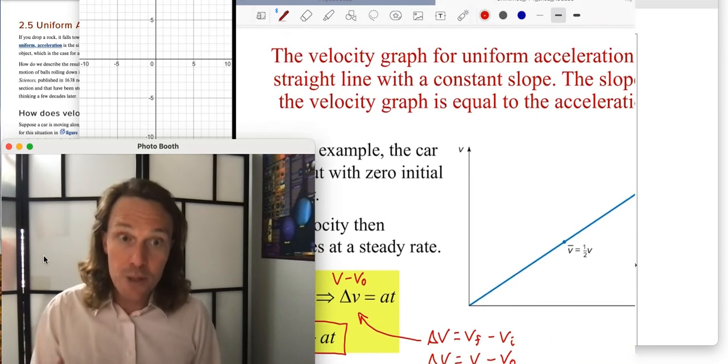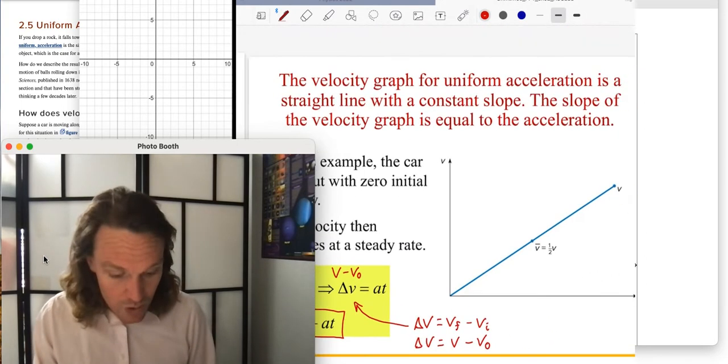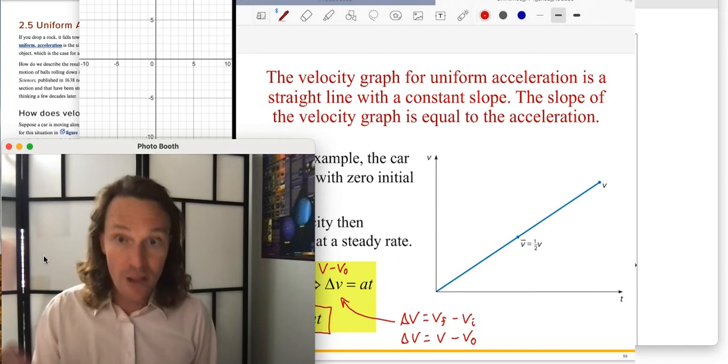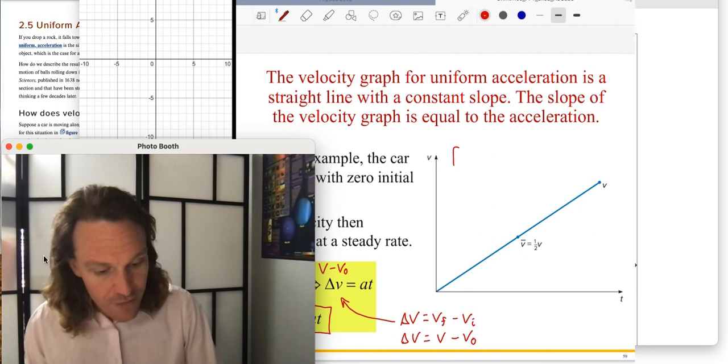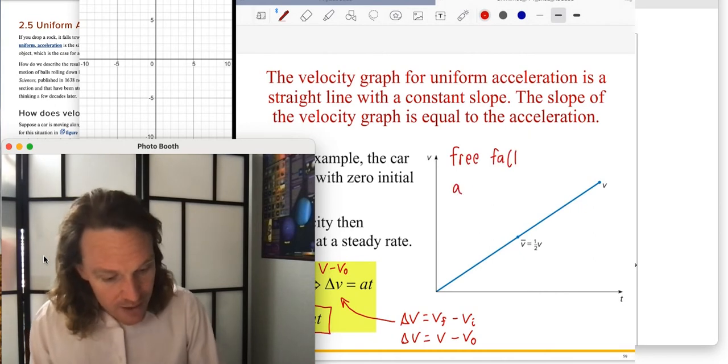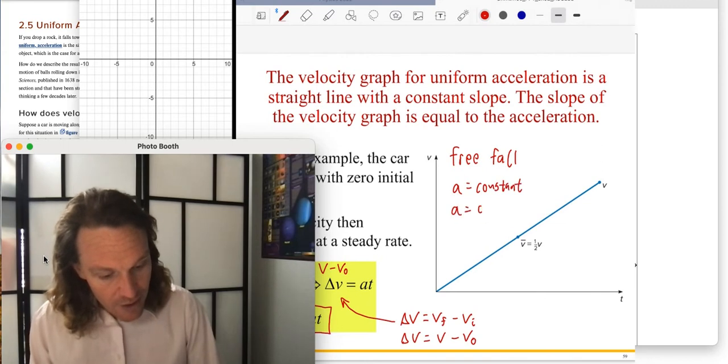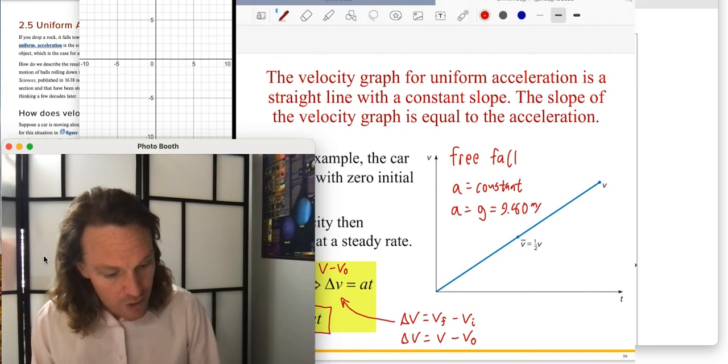So this is a particular function that you can use if you know the value of acceleration, like the car accelerating, or something in free fall, right? Because in free fall, and we'll see this in the next lecture as well, that value of constant acceleration is none other than the value called little g, which is 9.80 meters per second squared.